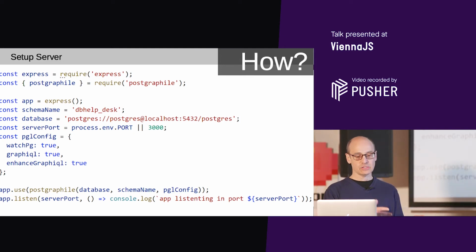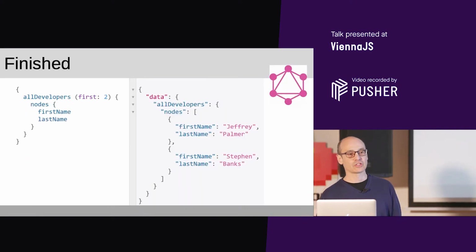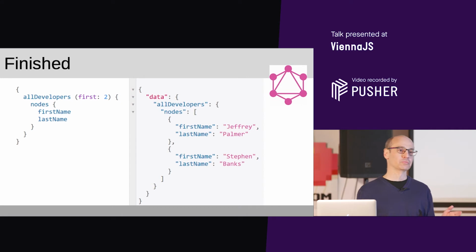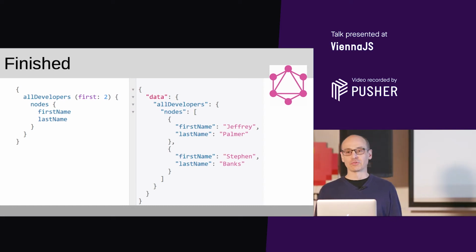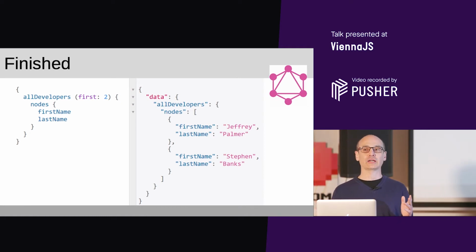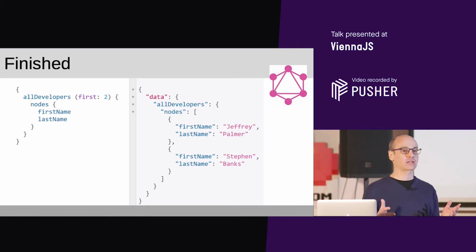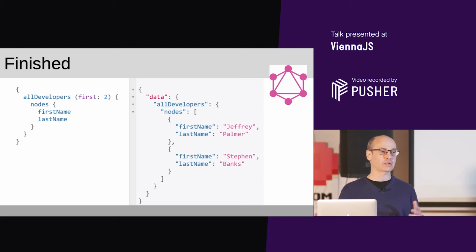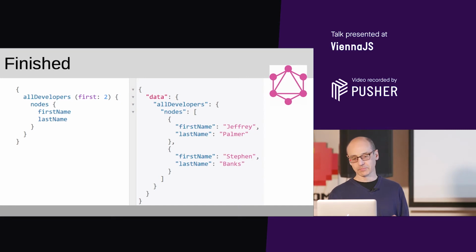And I set it up in my application, and we're finished. That's everything you need to do. So this allows you to work very, very fast. But of course, you are not finished. It wouldn't be very useful if you weren't able to actually customize your GraphQL queries, and also security.